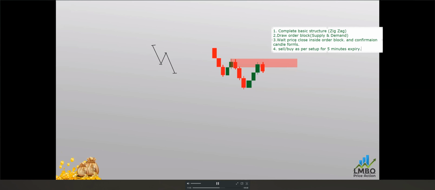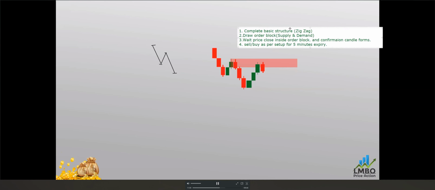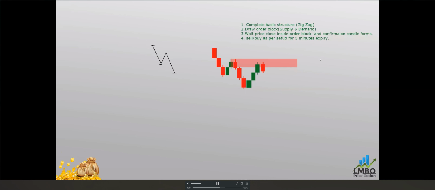So you will go for the 5-minute expiry from here. Your trade will go down just for 5-minute expiry. This is called the confirmation candle. After this confirmation candle, open a trade for 5 minutes expiry.